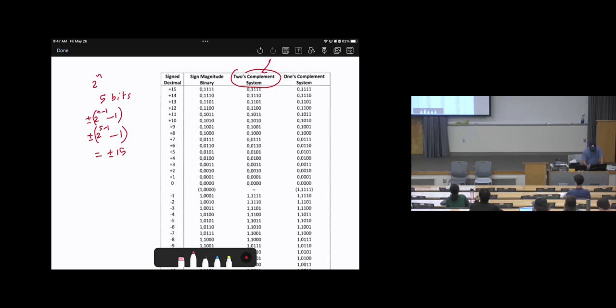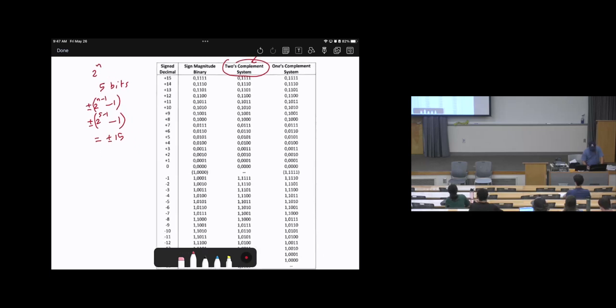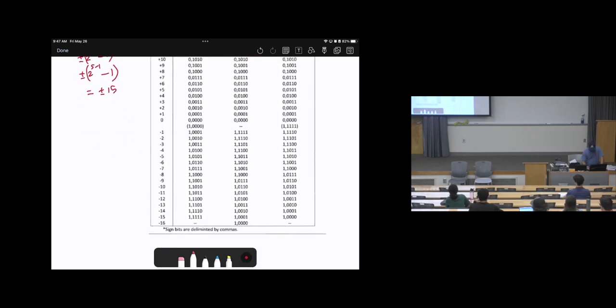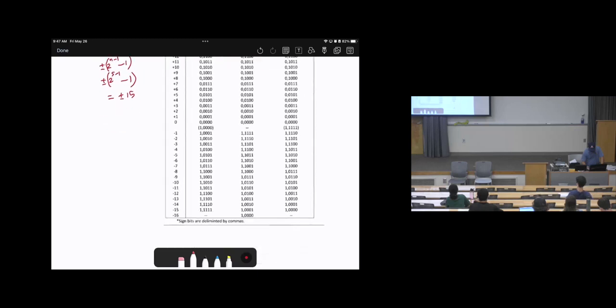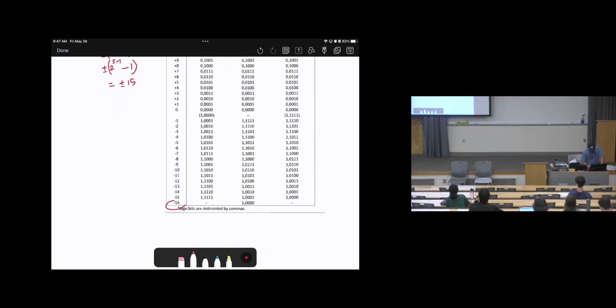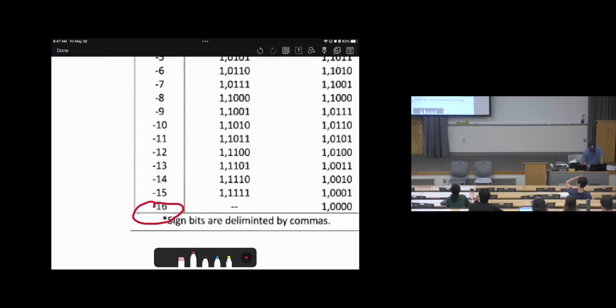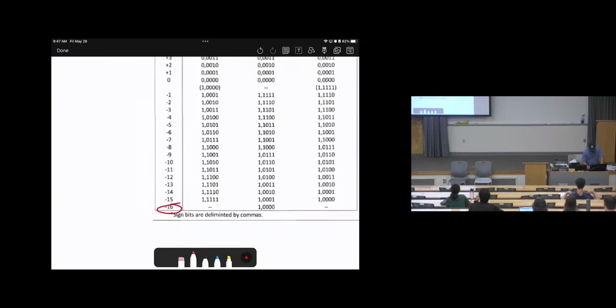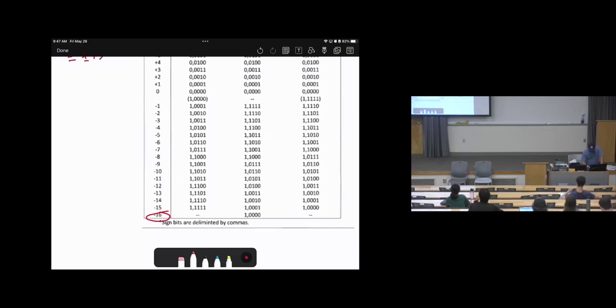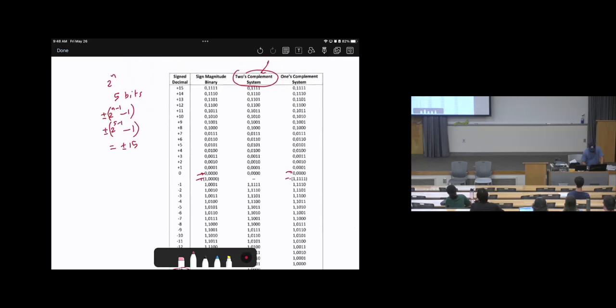This holds for sign magnitude, 2's complement and 1's complement. But we will realize that for the 2's complement, we can find negative 16, an extra number representation. Why can we find it? Because the 0 is represented by 2 numbers in sign magnitude and 1's complement.